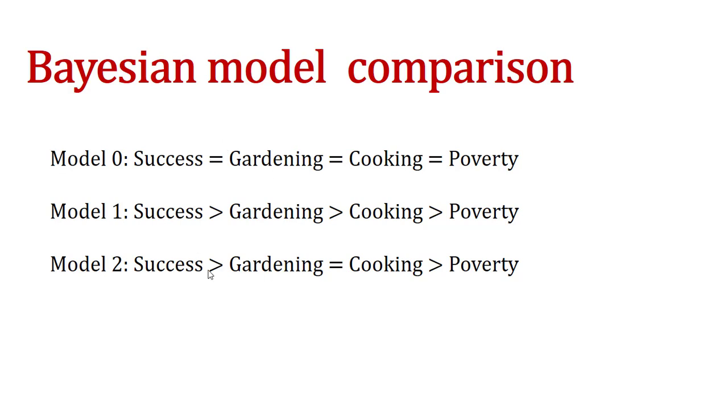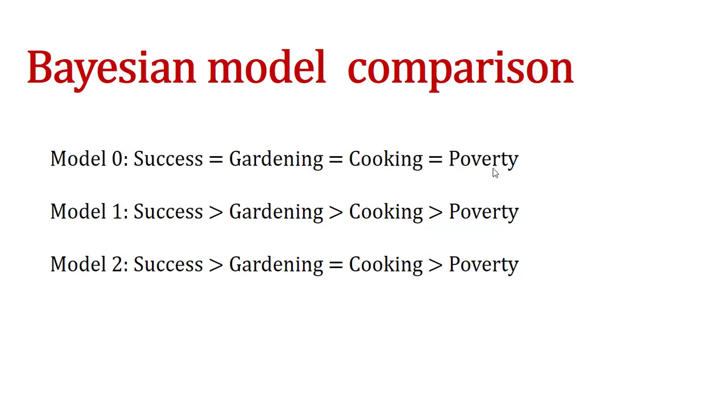The typical ANOVA analysis that I'm going to show you in a minute determines whether one of the means is different than the rest. At least one of the means is different than the rest. And that's all. So basically, model 0 would be the null in the null hypothesis testing approach. Basically, it says that the mean for success is equal to the mean for gardening, and the mean in cooking, and the mean in poverty.